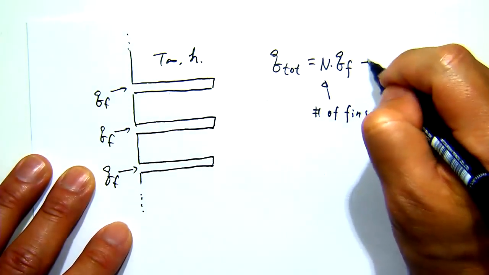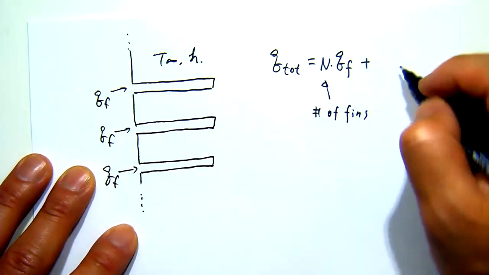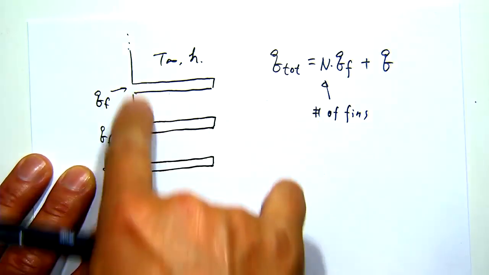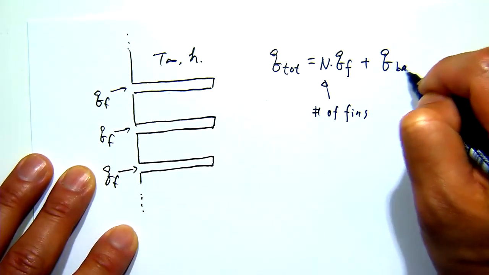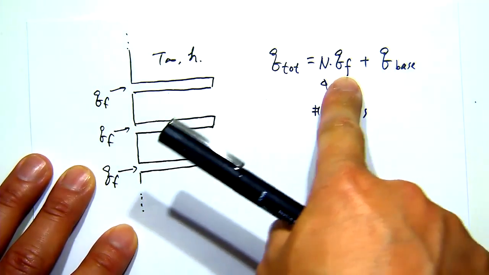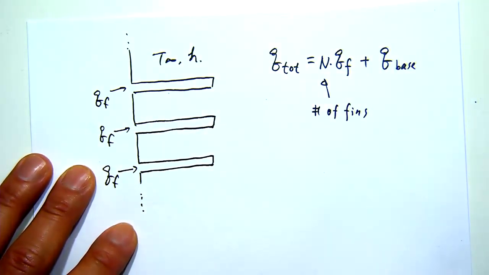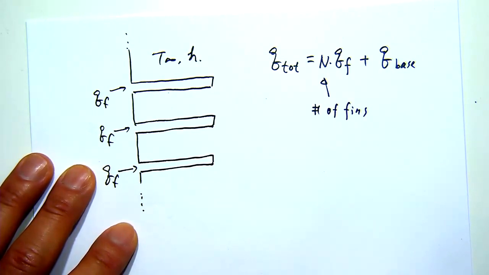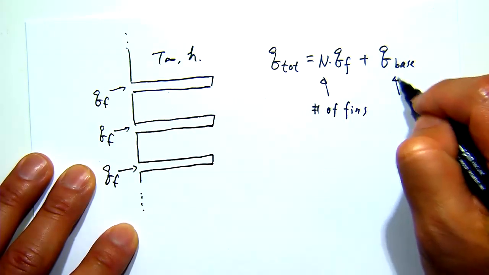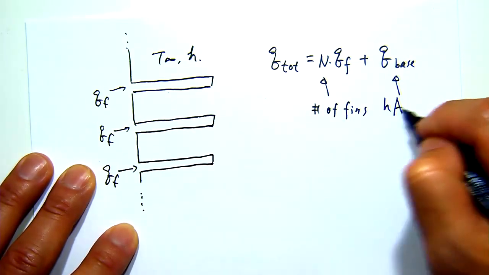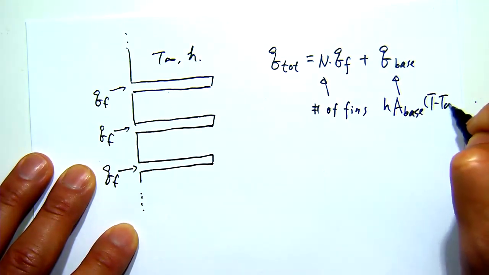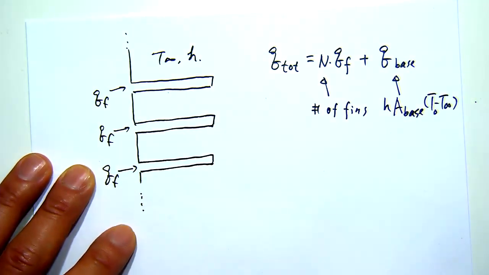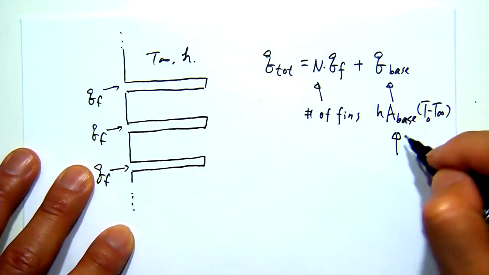And then you consider the heat transfer on the base or bare surface, so the Q of the base. This one you can get using the equation we derived last time, and this one is basically h times A base times (T0 minus T infinity).